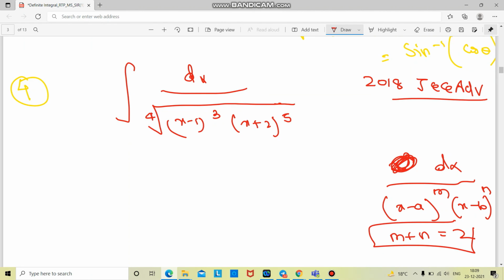Then we divide by one of the terms and we try to put it as t. So what we will do, we will divide the whole term by (x plus 2) whole to the power 8.